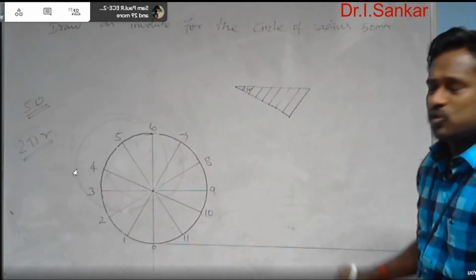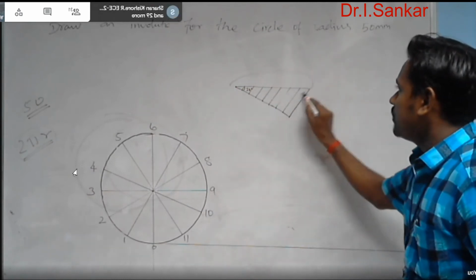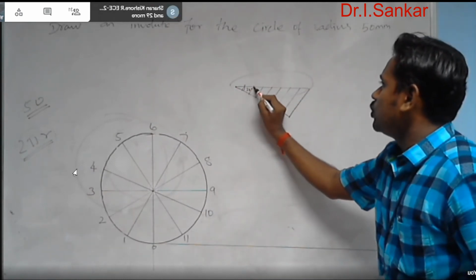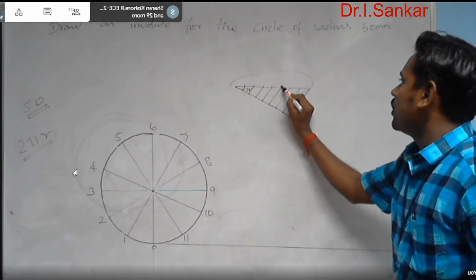In this way, if you split, now see the object line is split into 8 equal parts.